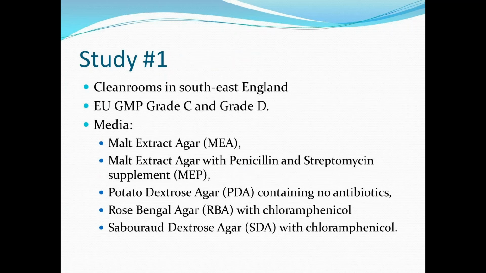So a little while ago, I undertook a study looking at different fungal agars. This looked at clean rooms of a facility located in the southeast of England, and it looked at grade C and D clean rooms. A number of different media were looked at: malt extract agar, a malt extract agar containing antibiotics, potato dextrose agar, rose bengal agar, and sabouraud dextrose agar.